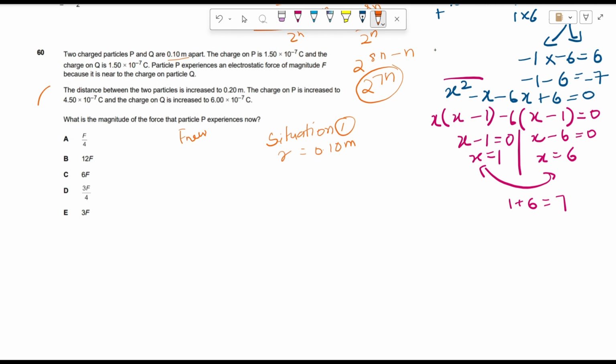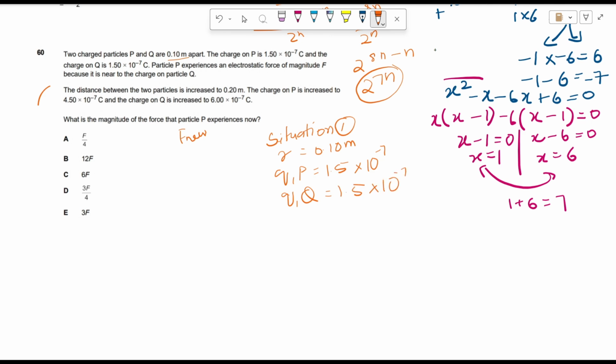And the charge on P, which means Q1 on P, is 1.5 into 10 to the power minus 7, right? And the charge on Q is 1.5 into 10 to the power minus 7.